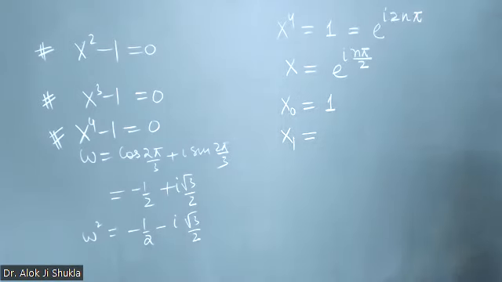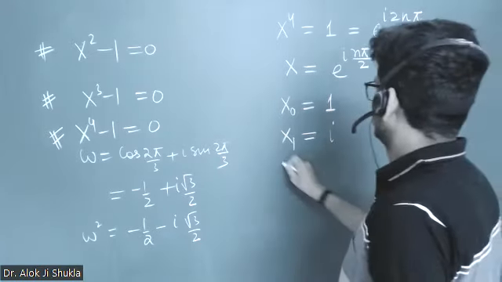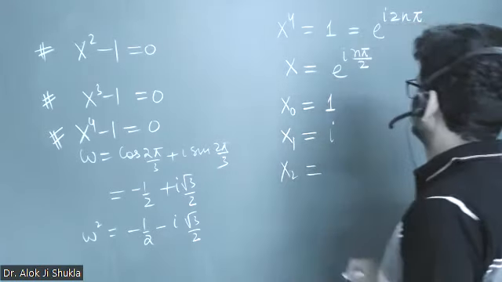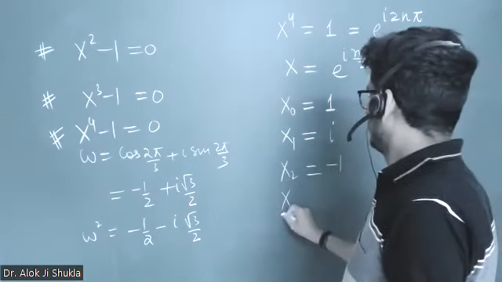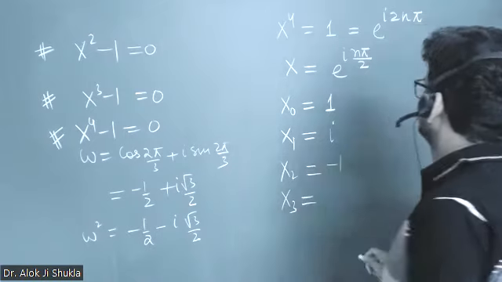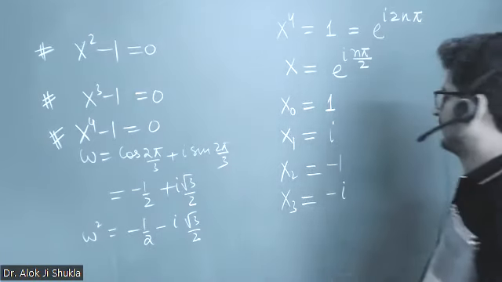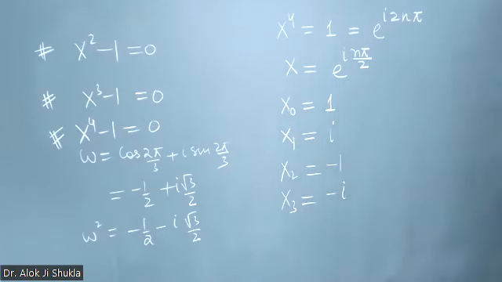X1, बोलो भाई, iota. X2 is minus 1. X3 is minus iota. So let us represent this also.